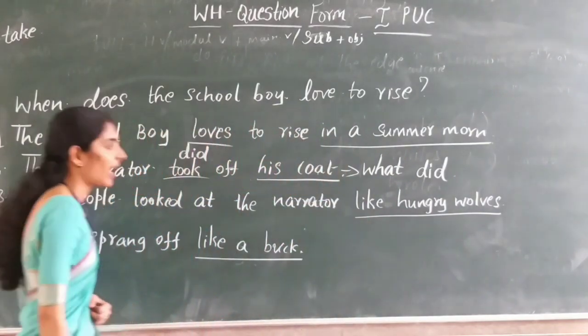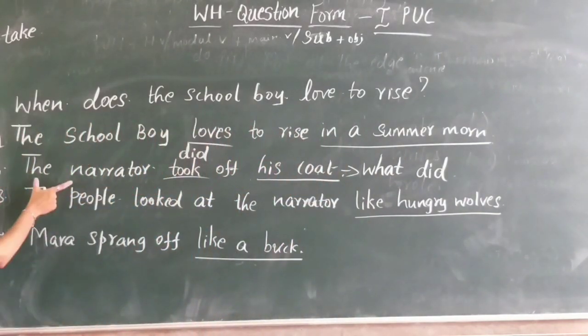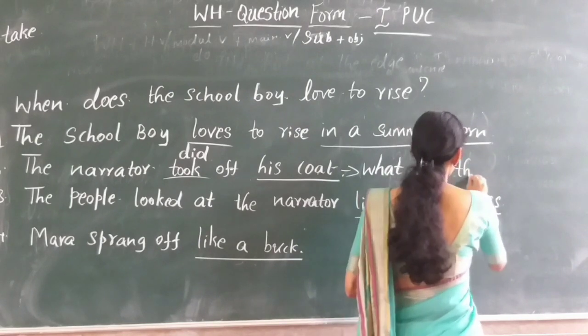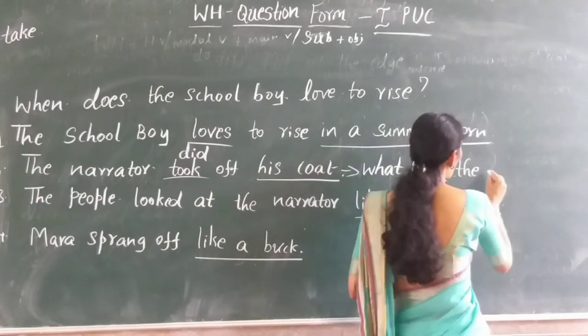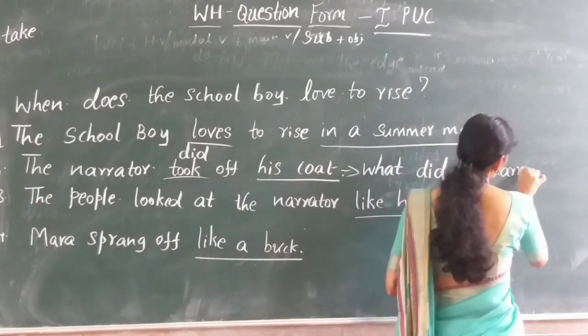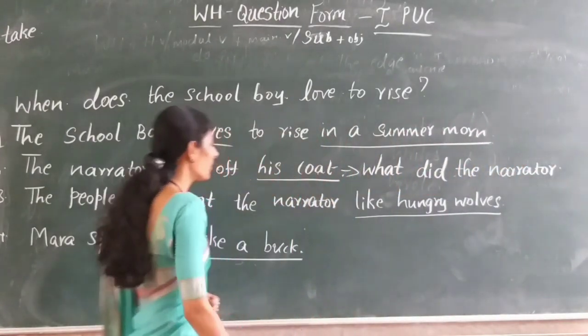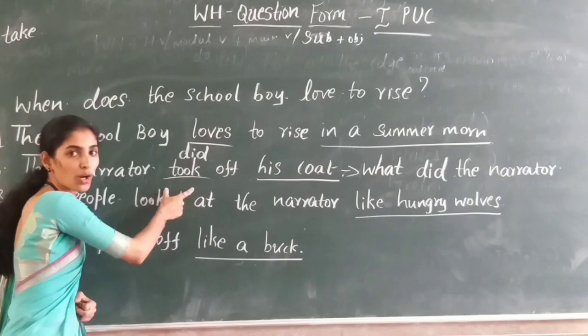Now what did? After what did, there should be a subject. So what did the narrator? I hope you are able to see this, or just listen to me. What did the narrator? And then there should be a verb. You cannot write took off.